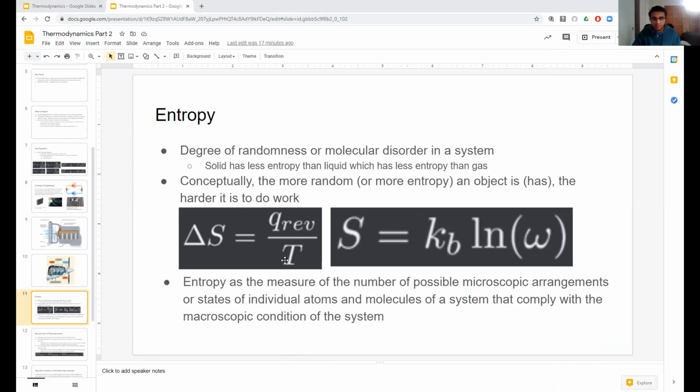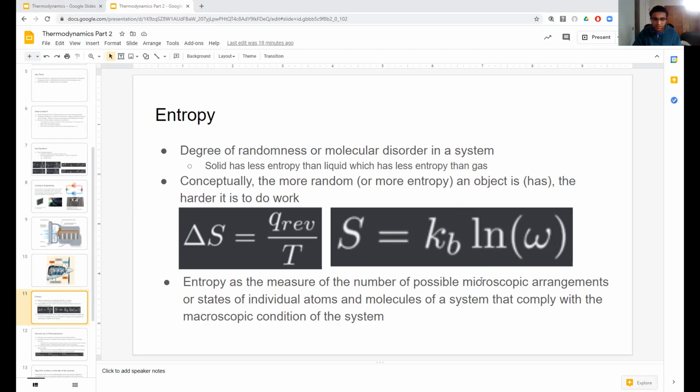But the scientist Boltzmann came up with another definition as well: the measure of the number of possible microscopic arrangements. This omega right here is the number of microscopic arrangements, and k sub B is the Boltzmann constant, which is the ratio of the universal gas constant and Avogadro's number. But for now, you can think of it as a key constant in thermodynamics.